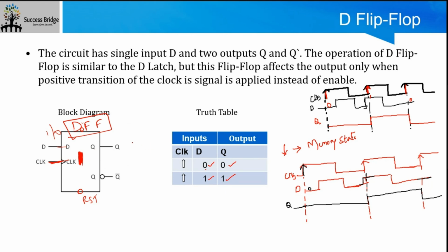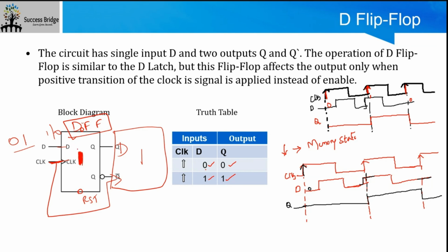So if there is one more flop here and it has a clock as well, and it is the same clock, you need 2 clock pulses for this value to be stored. Let's say 0 and 1 are the two inputs.